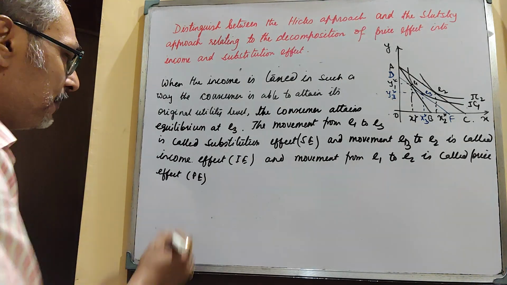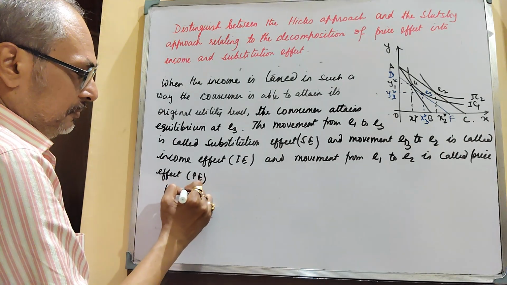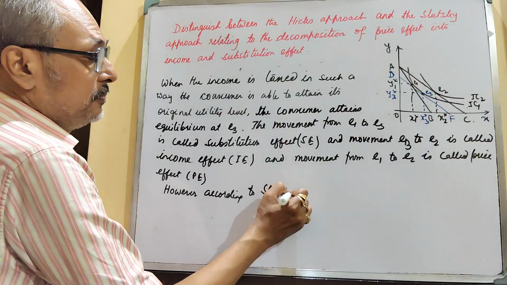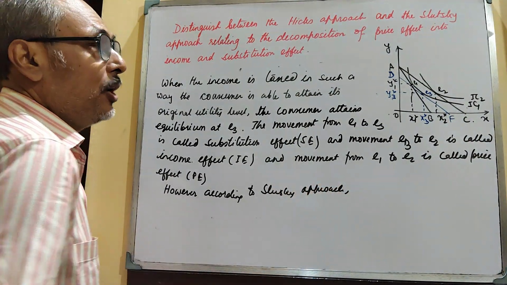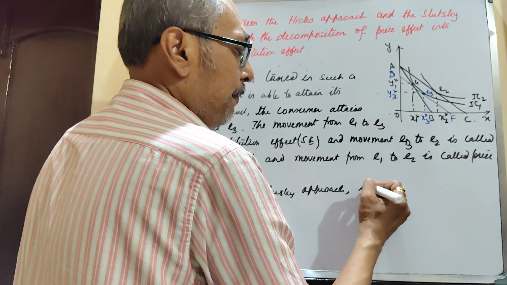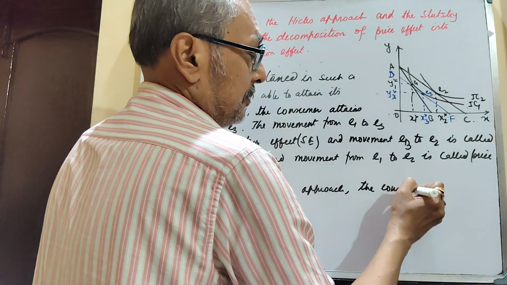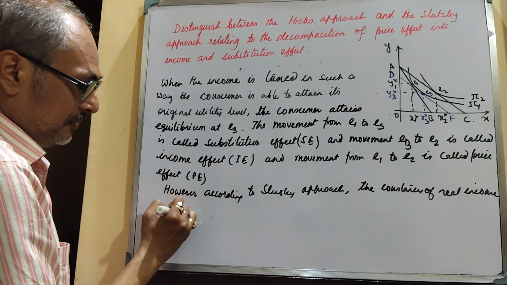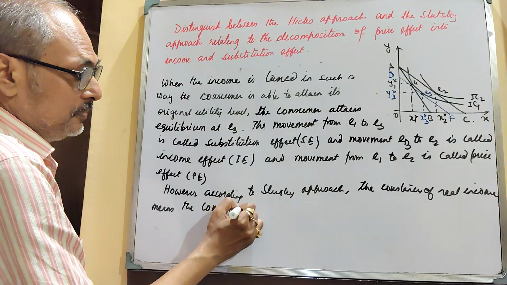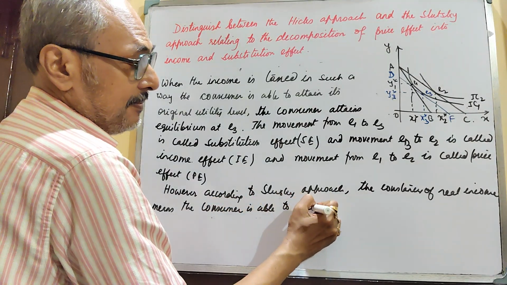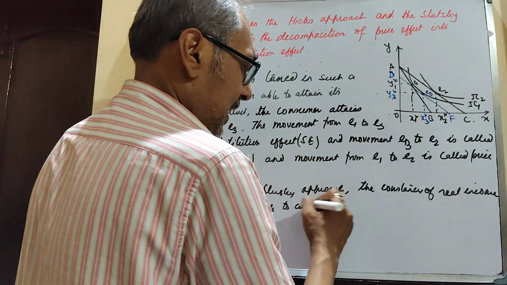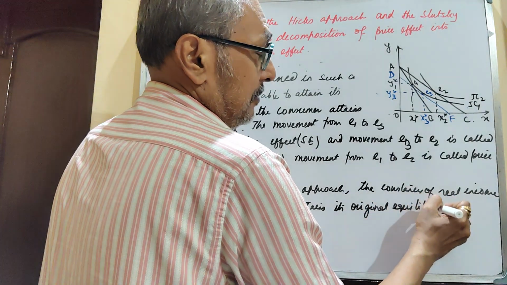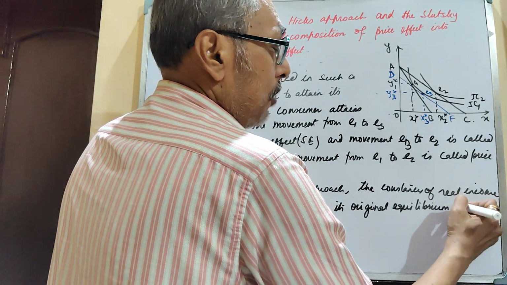Now, what is Slutsky approach? However, according to the Slutsky approach, the constancy of real income means the consumer is able to attain its original commodity bundle, equilibrium commodity bundle.